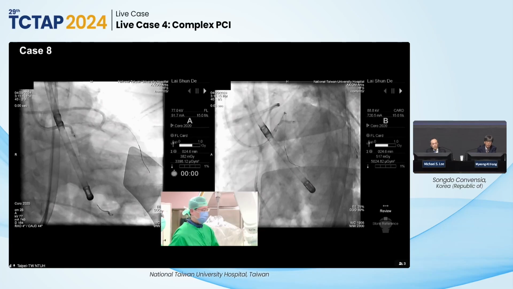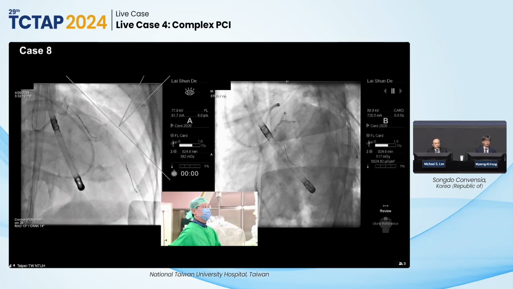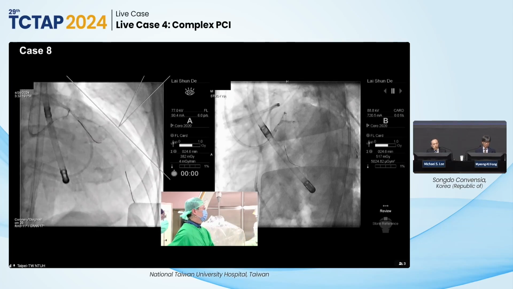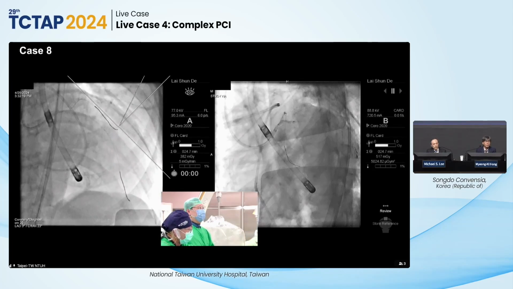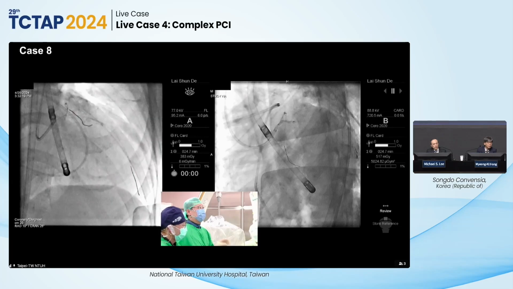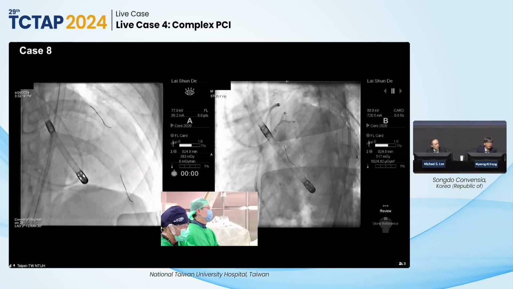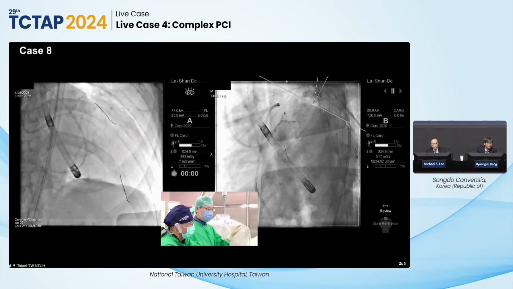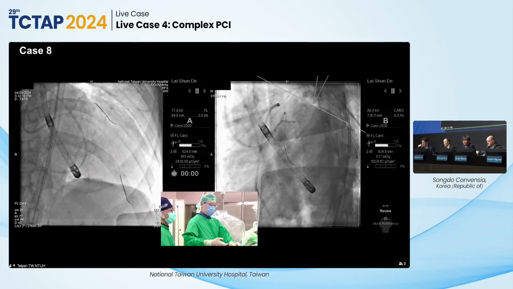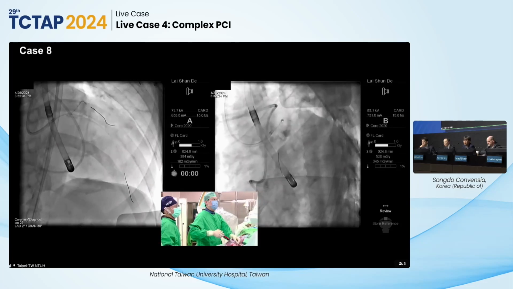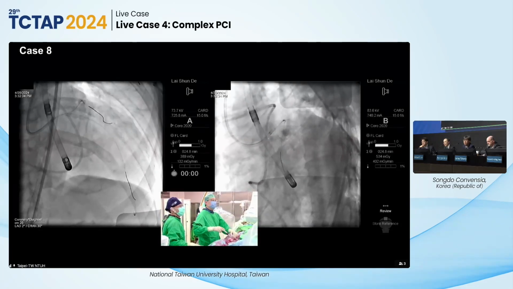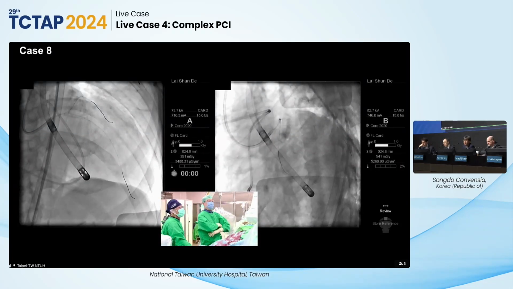Okay, maybe I'm going to show you some cranial view here. A steep cranial, like 40. It's hard to see where a landing zone is going to be. This is what we have right now.